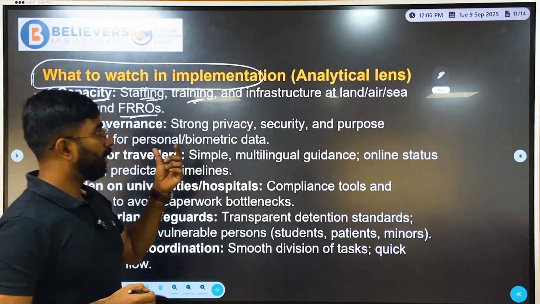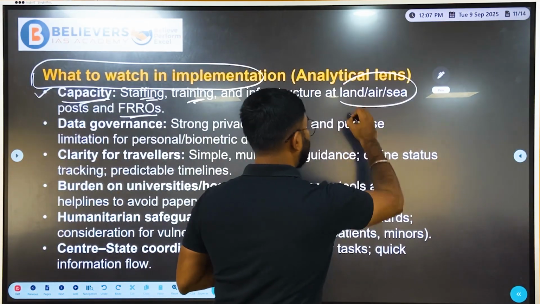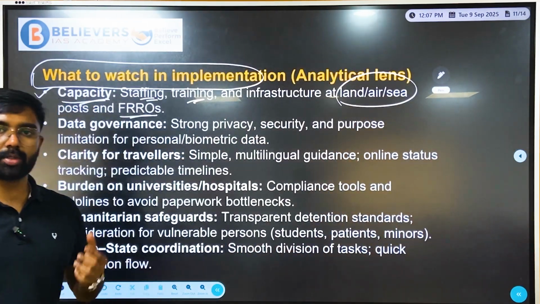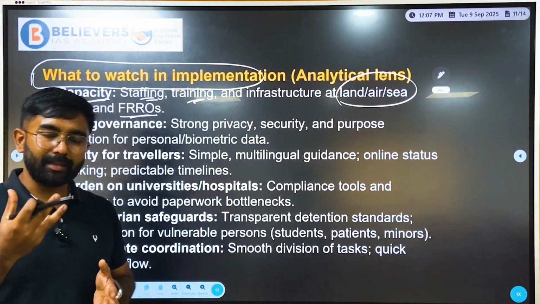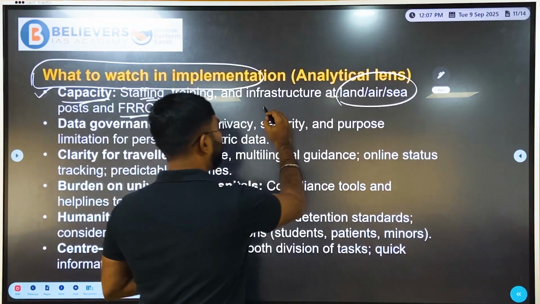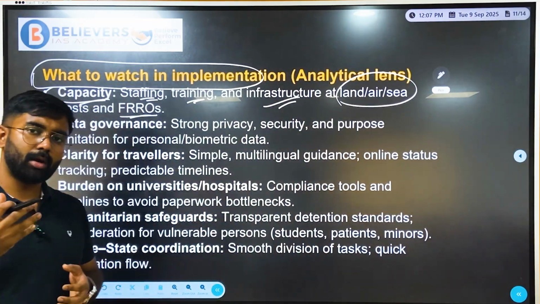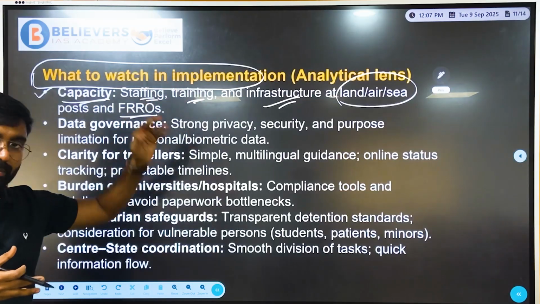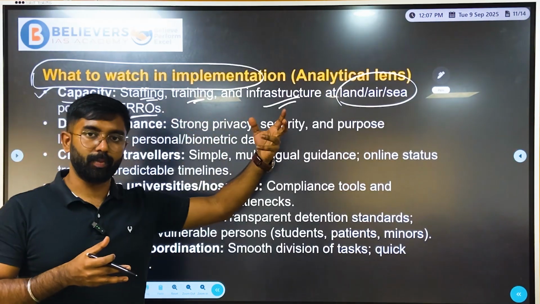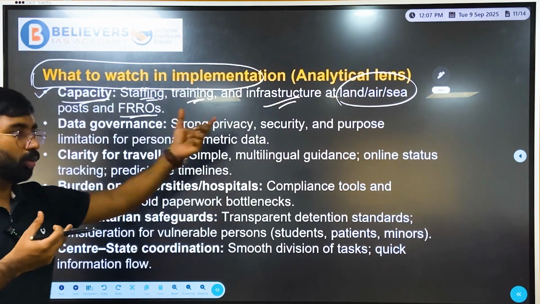And also all such places, land, air, sea, the seaports, even your airports, where we are talking about creating that database, right? So sufficient technological infrastructure and physical infrastructure is very much required. So it is important that the government tries to address that particular issue as well.